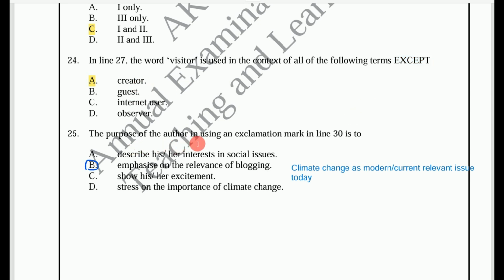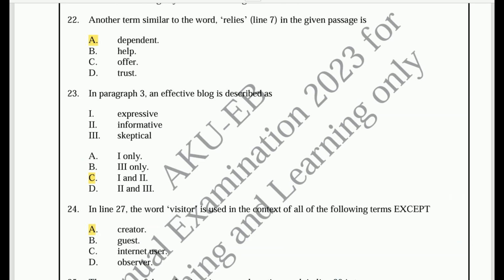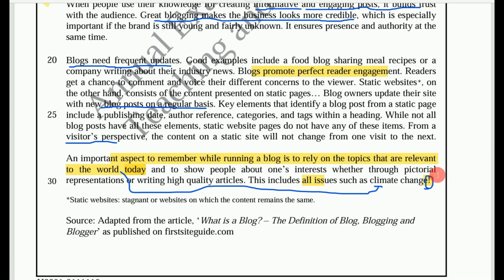The purpose of the author in using an exclamation mark in line number 30 is why he used the exclamation mark in line number 30 here at the end of the passage. Line 30 at the end, why he used exclamation mark here. Let us see. First, he is talking about an important aspect to remember, that the topics are relevant to the world today, the contemporary world.